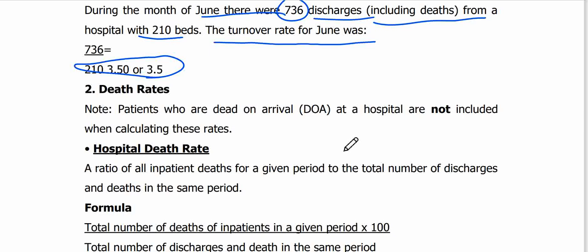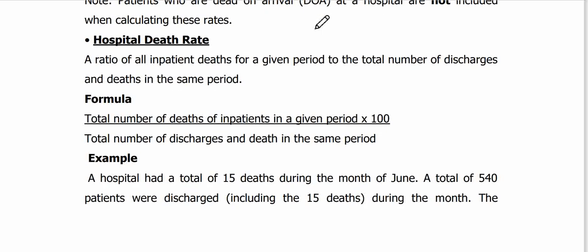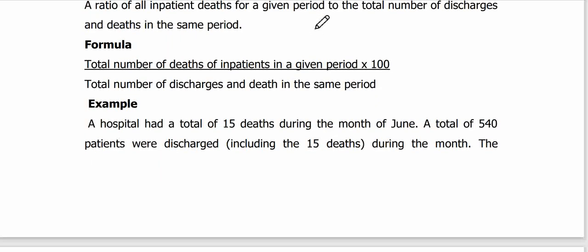So we have the hospital death rate, a ratio of all inpatient deaths for a given period to the total number of discharges and deaths in the same period. The formula: the total number of deaths of inpatients in a given period divided by the total number of discharges and deaths in the same period, times 100.